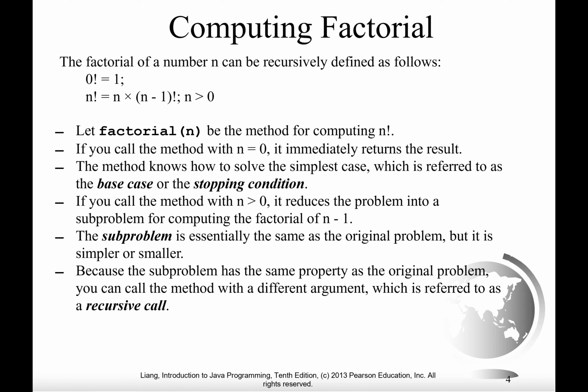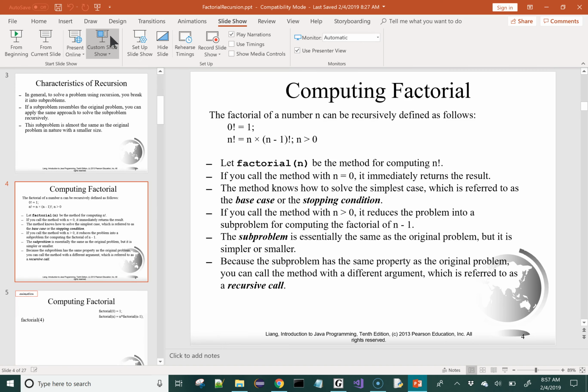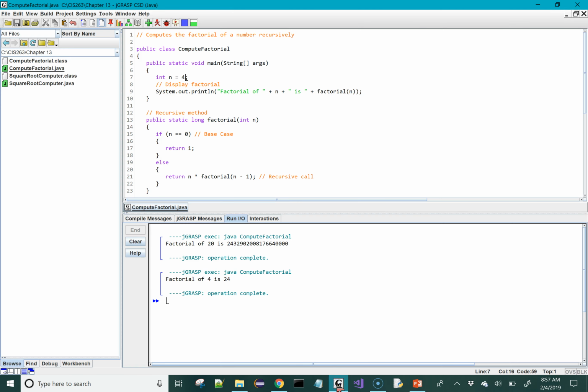Because the subproblem has the same property as the original problem, you can call the method with a different argument, which is referred to as a recursive call. So I'm going to open up JGrasp and show you the solution to the factorial problem using recursion.